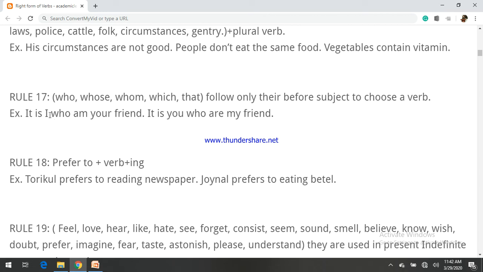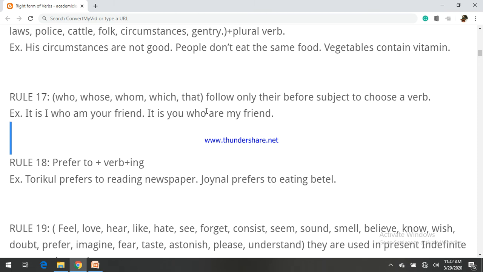That means the subject before the relative pronoun. A relative pronoun actually follows its nearest subject. Here the nearest subject is I. I is with the relative pronoun who. That's why am. With I the verb am. Here am is followed by I, not it.